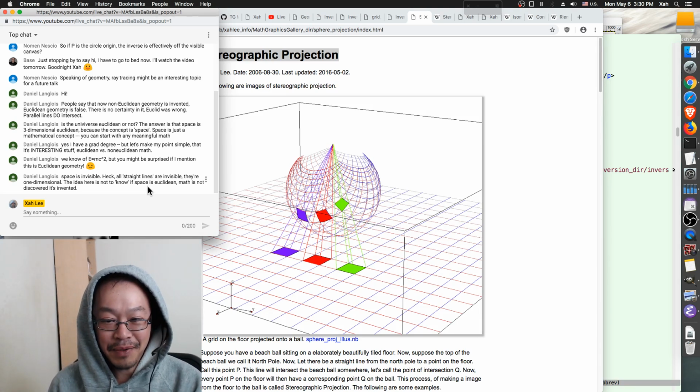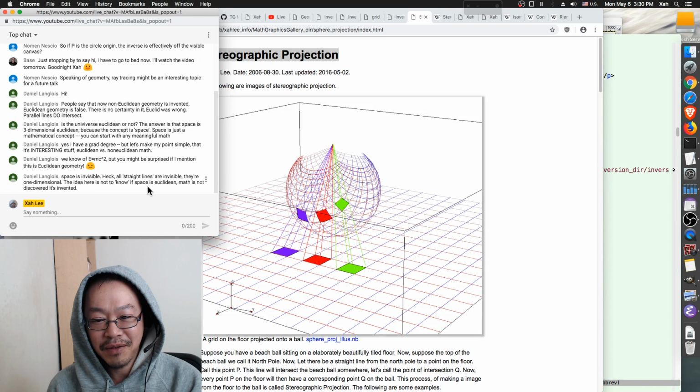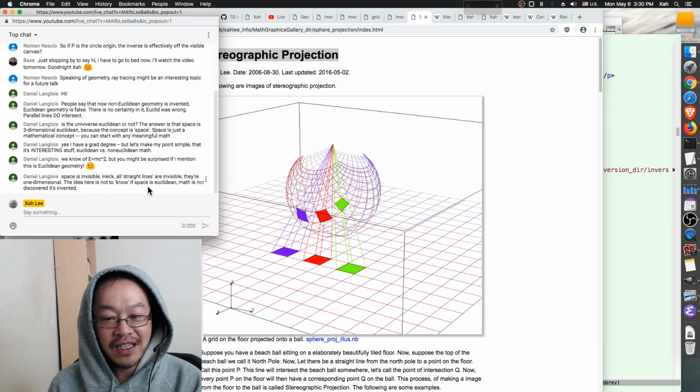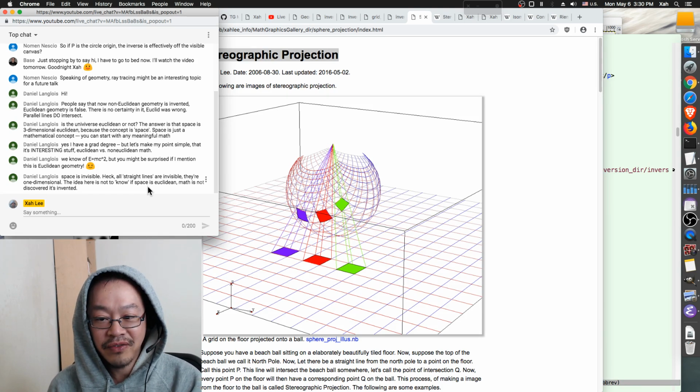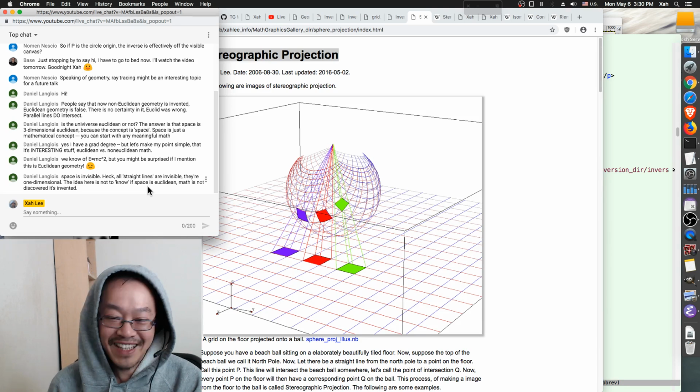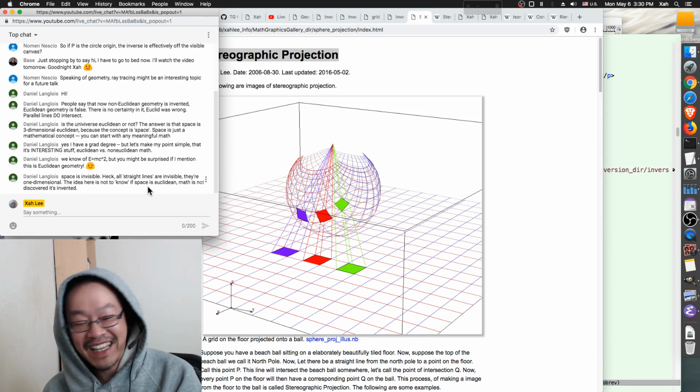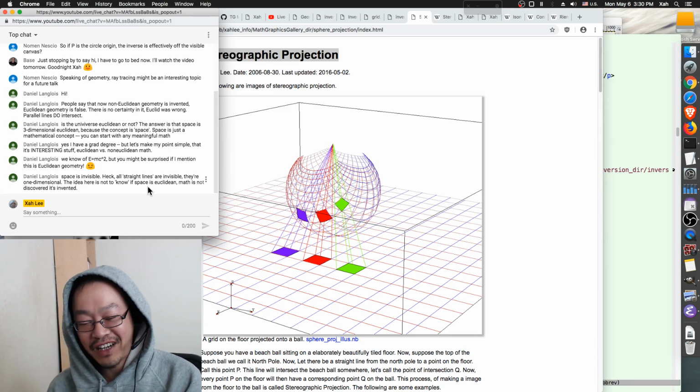Danielle says space is invisible. Heck, all straight lines are invisible. They are one-dimensional. Space is invisible. The idea here is not to know if space is Euclidean. Math is not discovered, it's invented. Yeah, okay, again, that's veering into the philosophy of math.